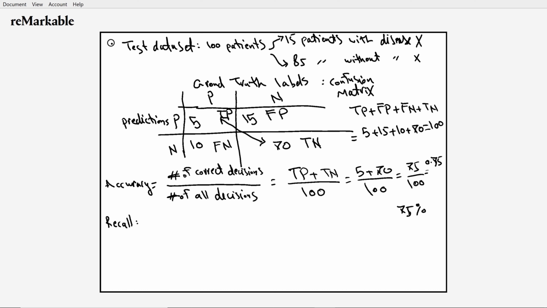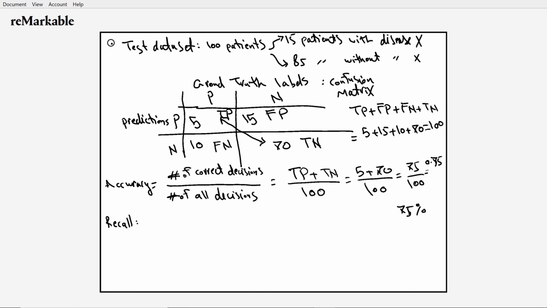So if you think about recall, and if you think about your data set, we had 100 patients, right? And 15 of our patients were positive. The reason I built this model is I wanted to automate the process of detecting patients with a particular disease, specifically those 15 patients.